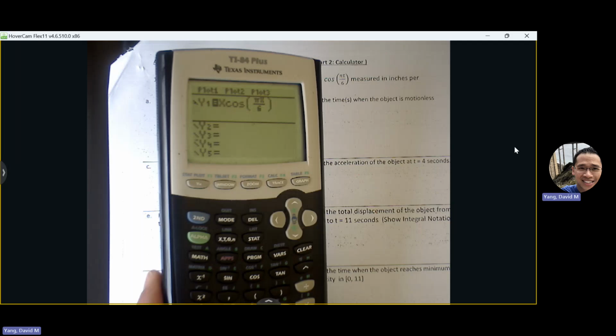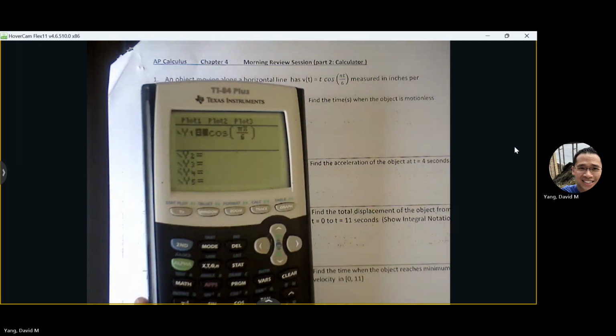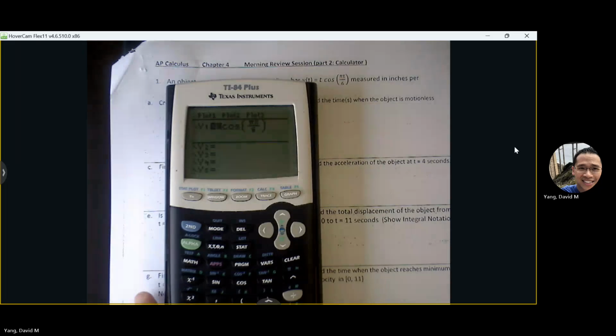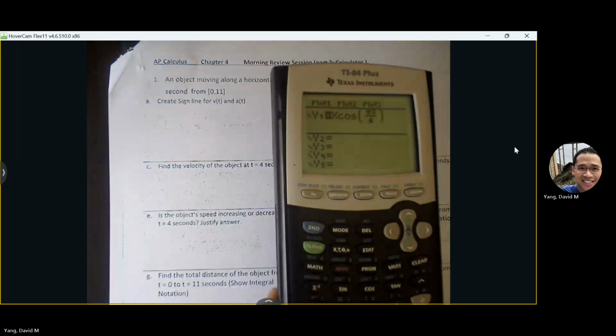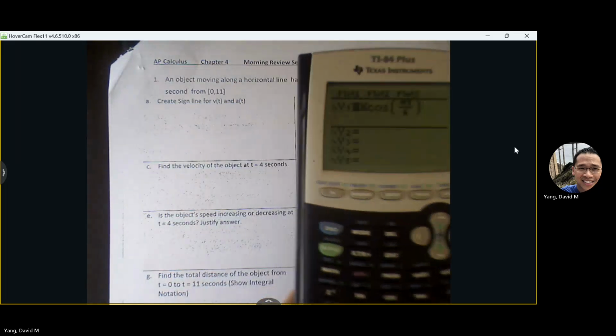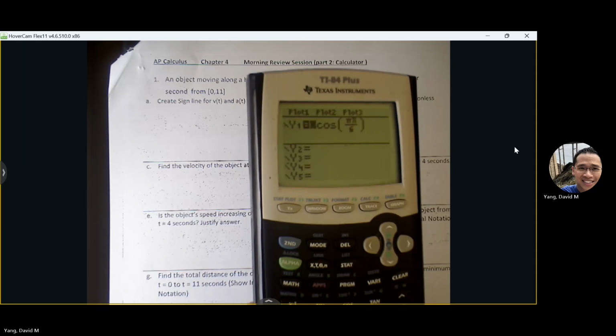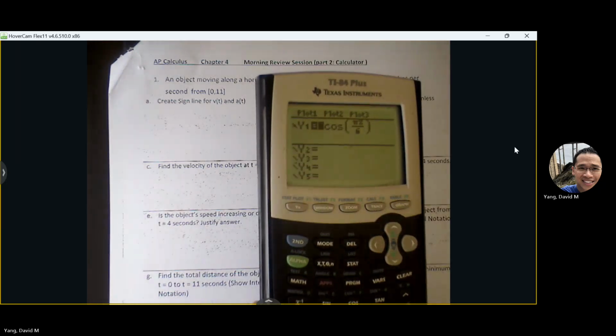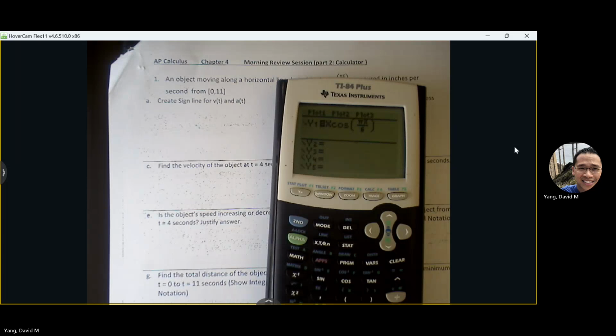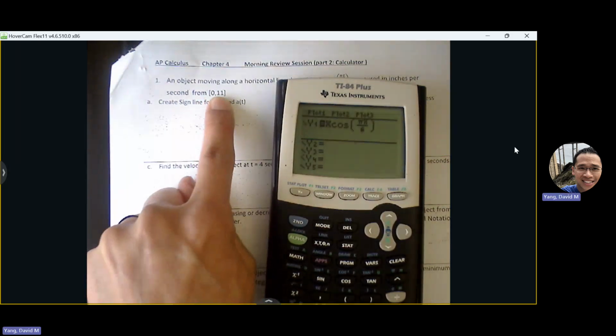So x cosine of pi x over 6. And then it says from 0 to 11.